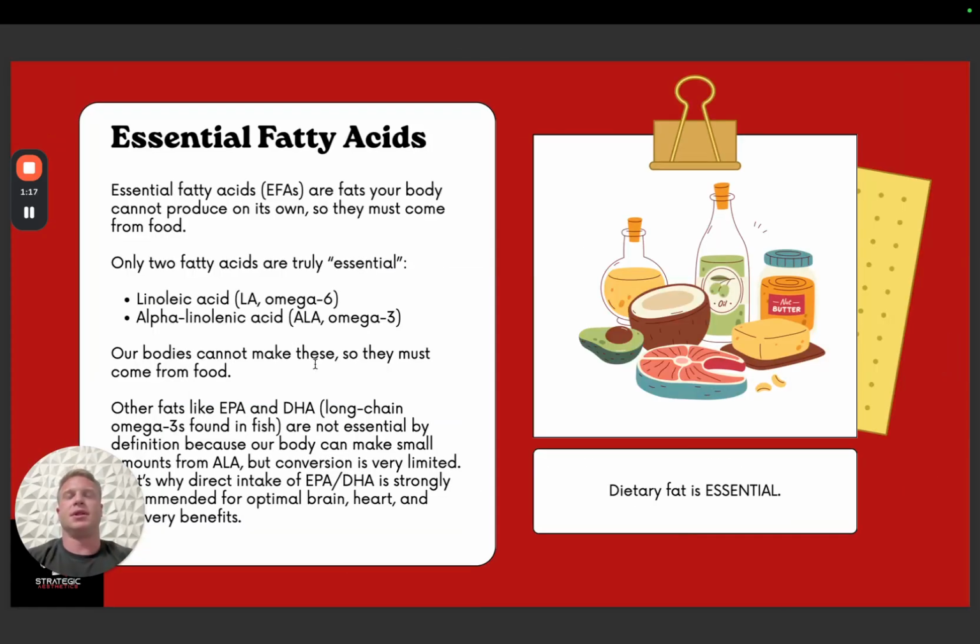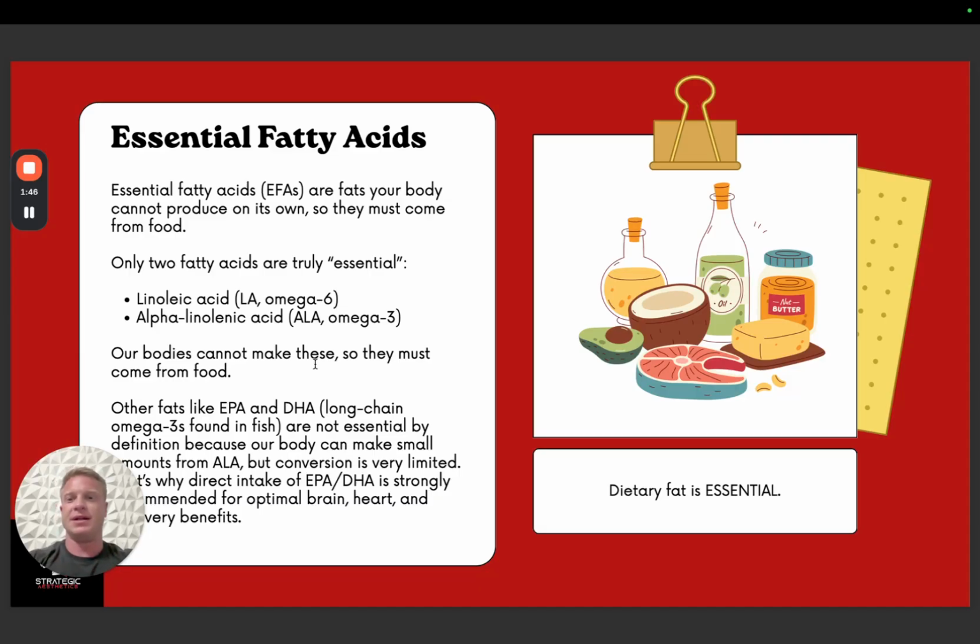So, just like protein, there are essential fatty acids. These cannot be made in the body, right? So that needs to come from your food. There's only two truly essential fatty acids, and that's going to be linoleic acid and alpha linolenic acid. Okay, so that's your omega 3s and omega 6s. We cannot create these, so it has to come from our food.